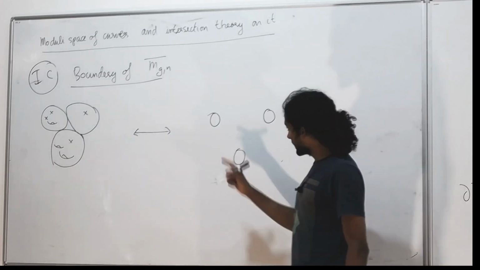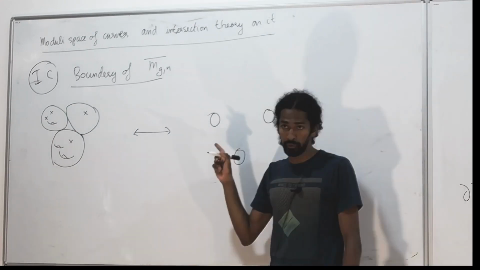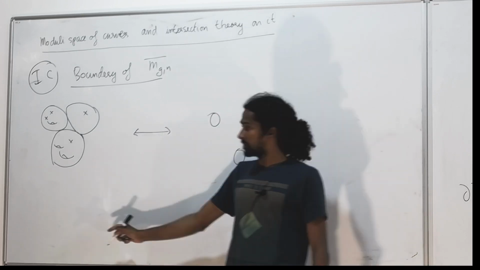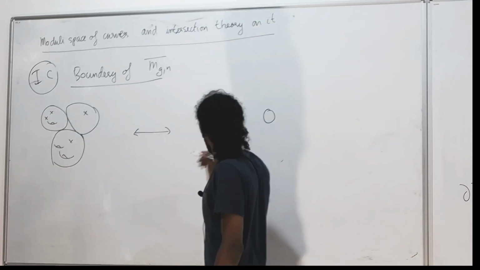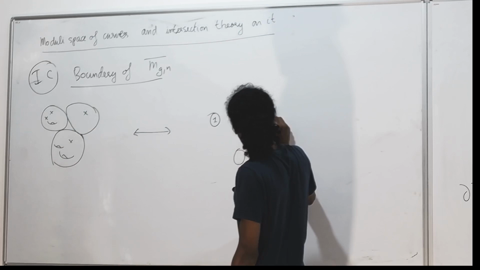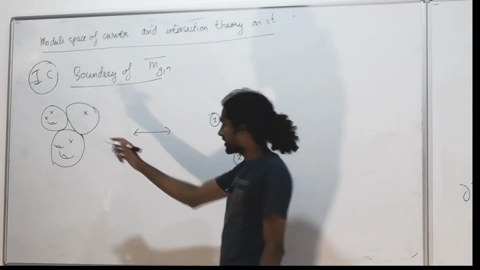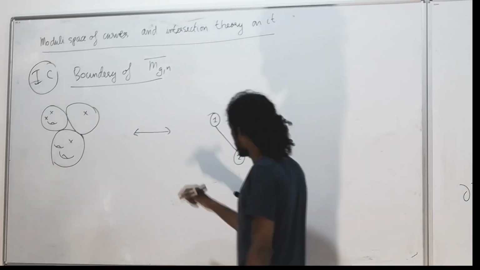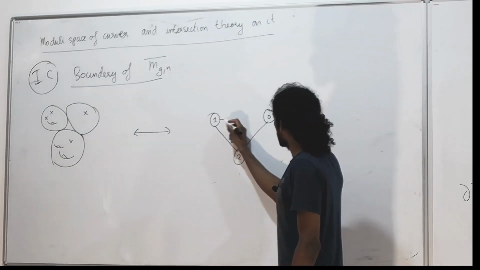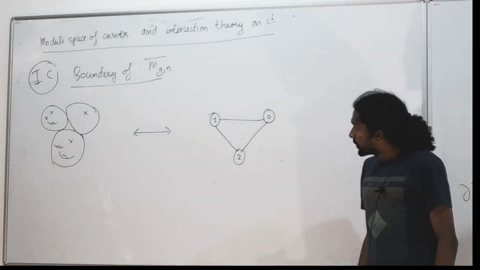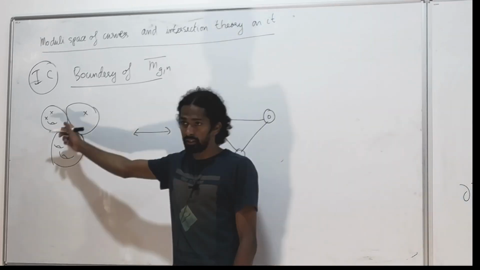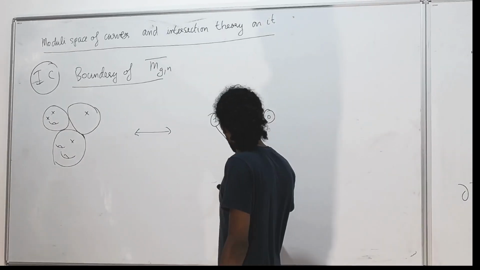And inside the vertex, I'm going to write down the genus of that component. So this one is genus 1. This one is genus 0. This one is genus 2. To every node, I will draw an edge that connects the vertices. And to every marked point, I will draw a leaf.